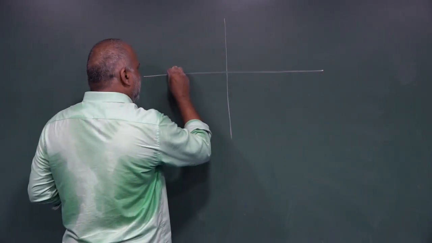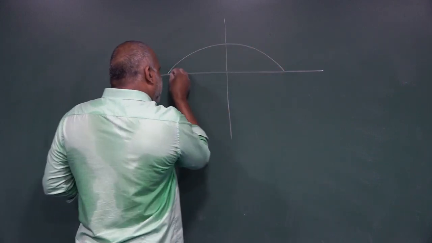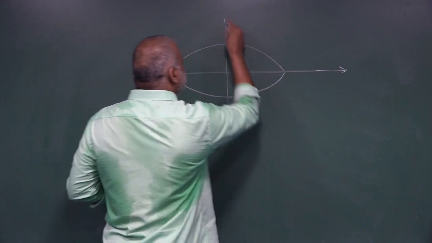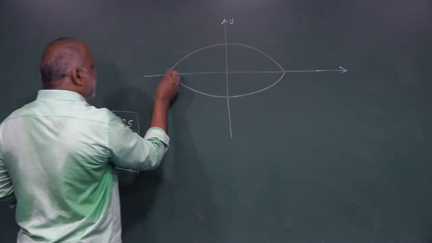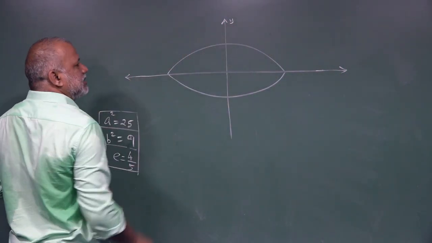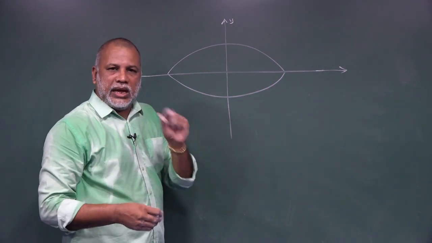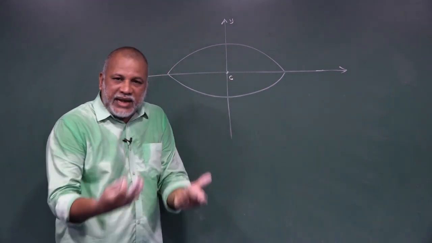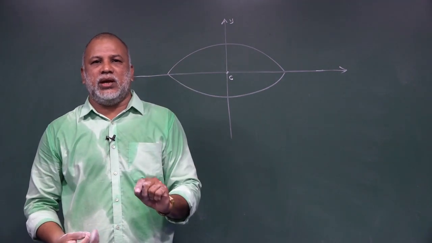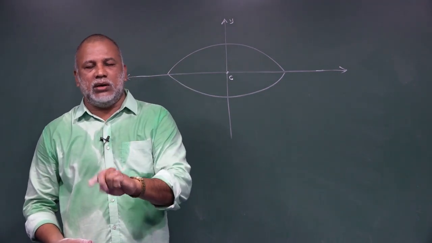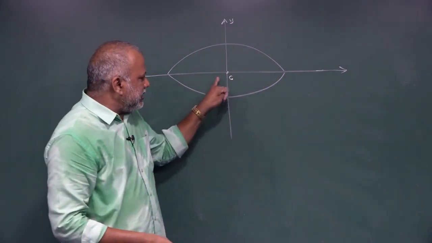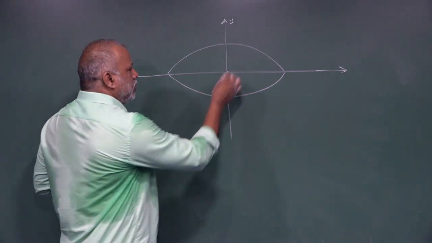So always, dear student, no need to memorize. With the help of this diagram, recall everything. We already worked out the standard results. This is type number 1, ellipse. See, this must be the center. By the standard equation, x squared by a squared plus y squared by b squared equal to 1, or x squared by b squared, type number 1 or 2, whichever it may be, the center must be the origin (0, 0).